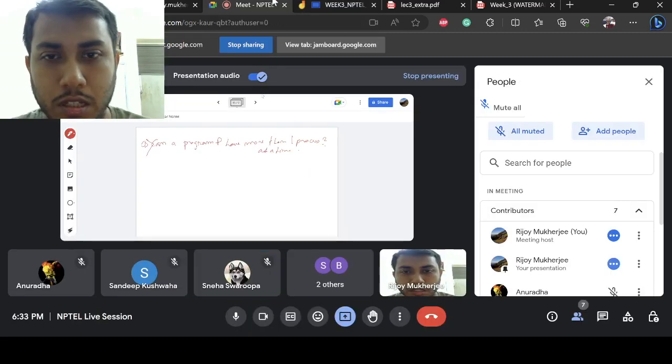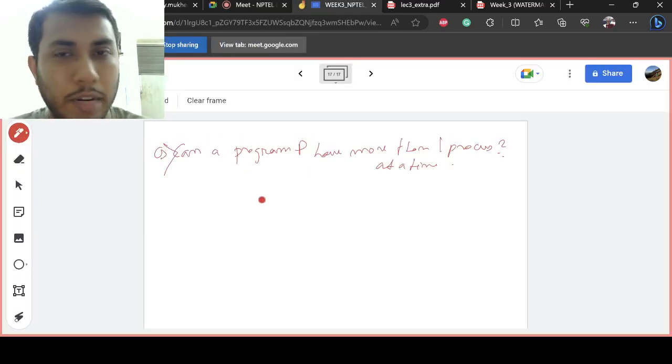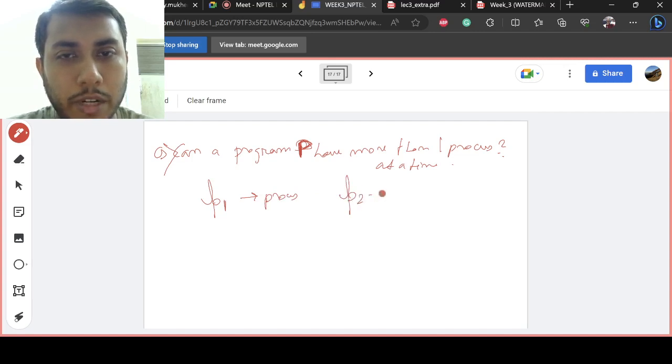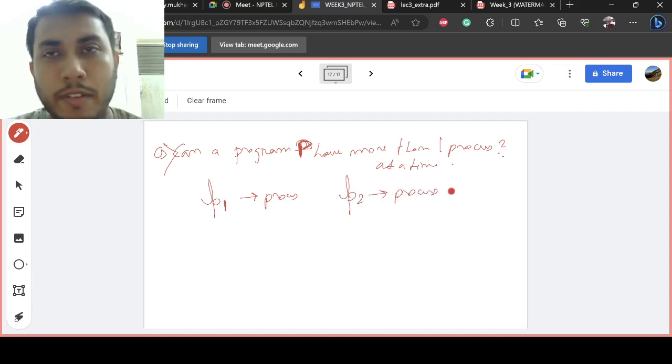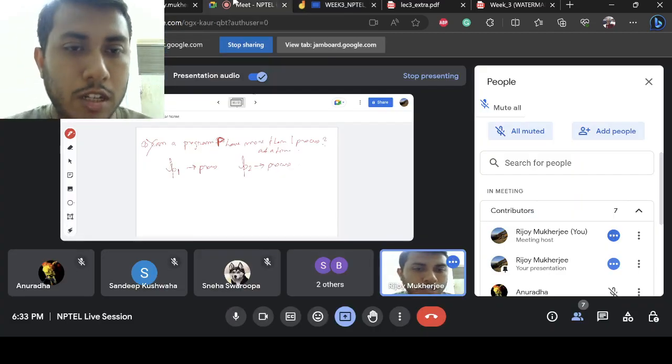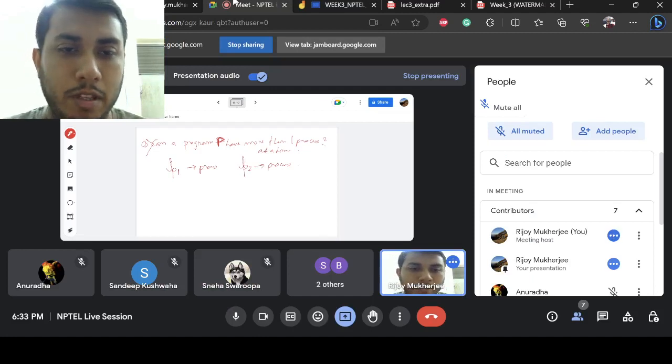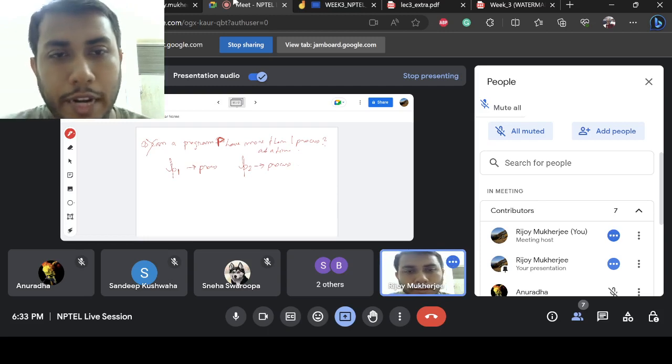Yes. So you have written a program, let's say capital P, and let's say small p1 is one process, and p2 is another process. A very practical example is you can open two instances of Microsoft Word at the same time. So basically it is the same program, but there is more than one process, right?